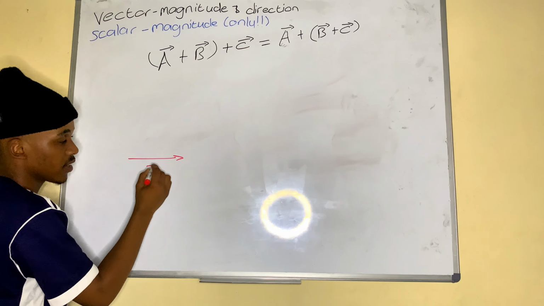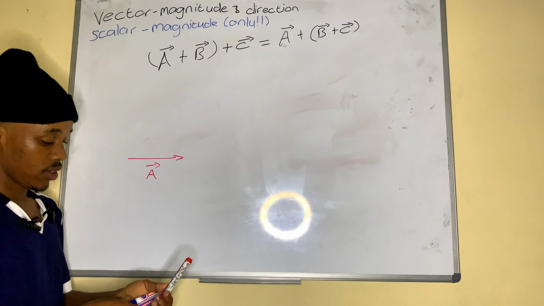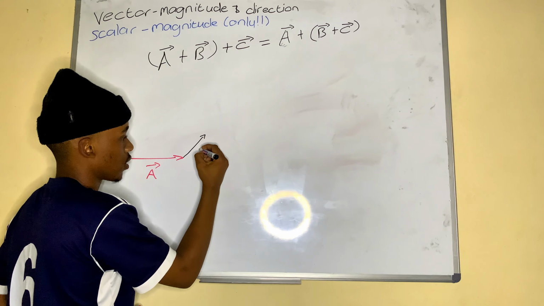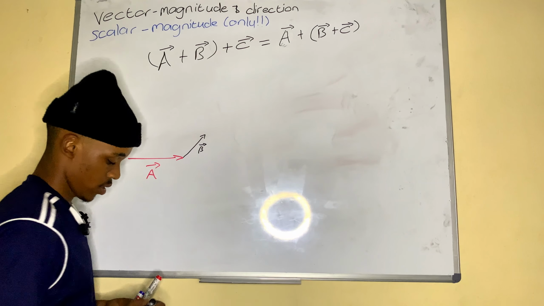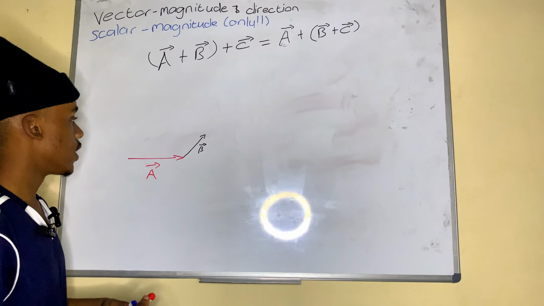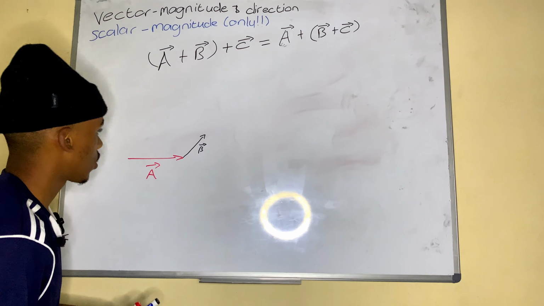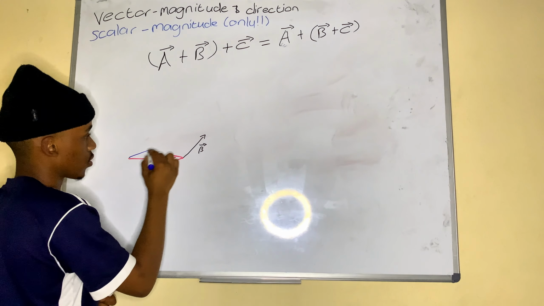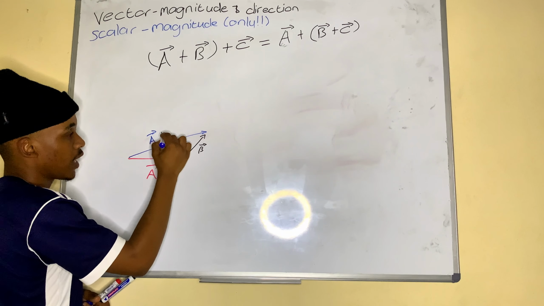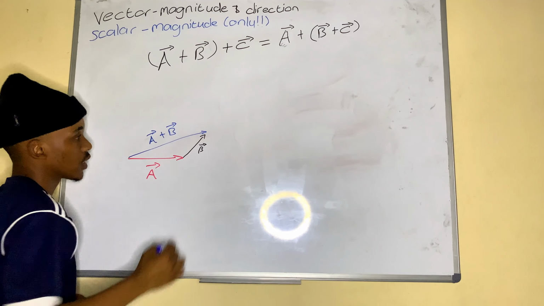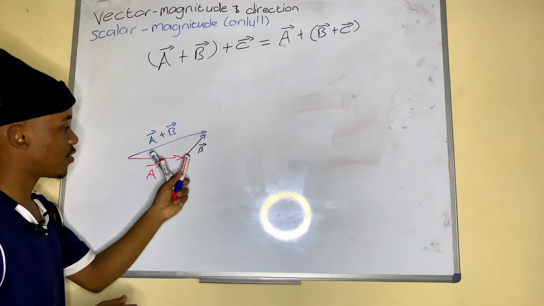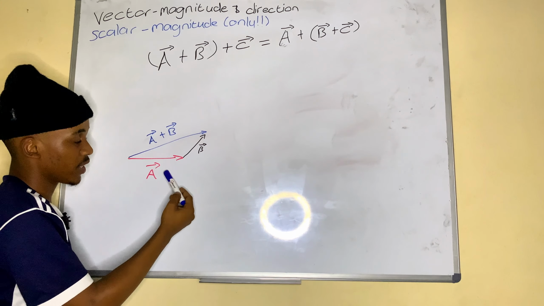say we've got vector A being added to vector B, the resultant of these two vectors, which would be vector A plus vector B. The resultant of these vectors, vector A and vector B, is a sum of these two vectors.